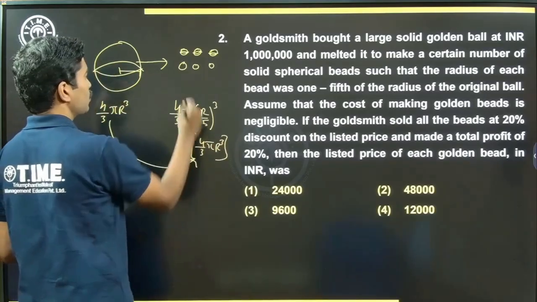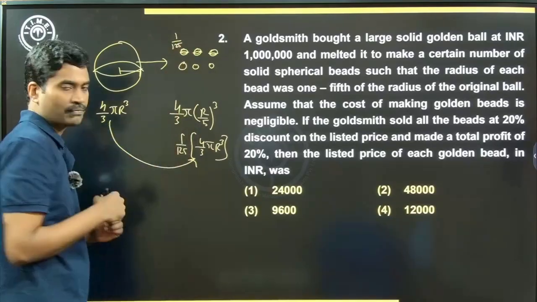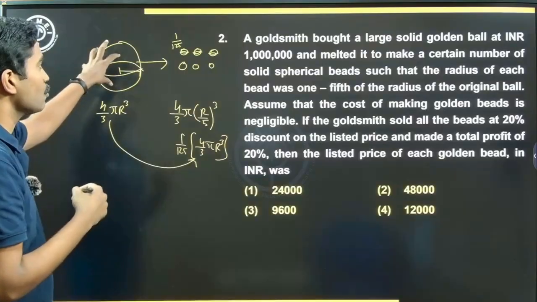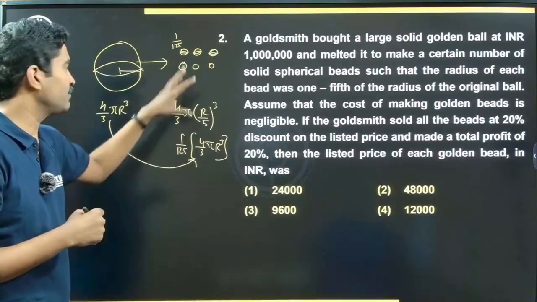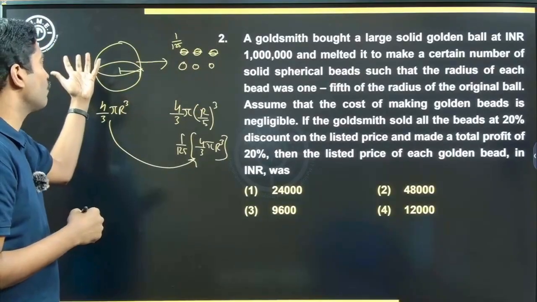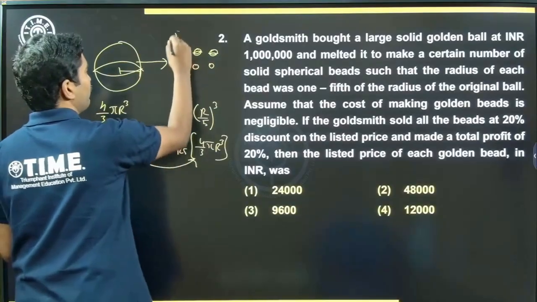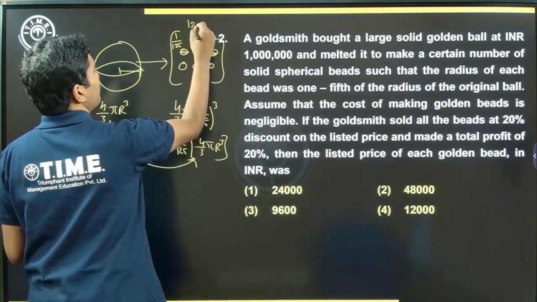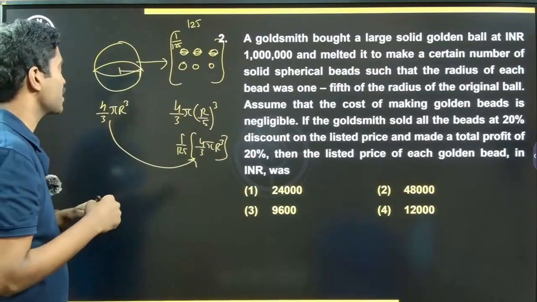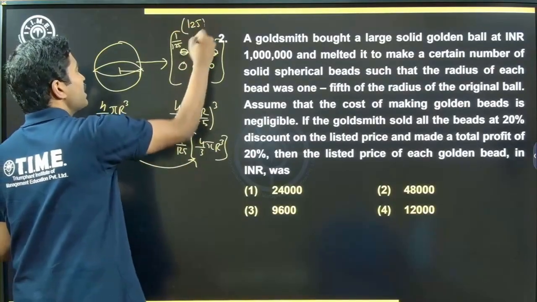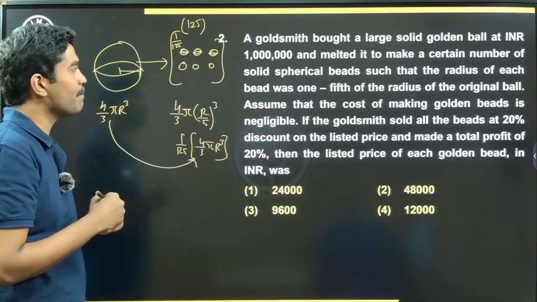So each of these small balls will have a volume which is 1 by 125 times of the original large golden ball, correct? Now, how many of these can he make out of whatever gold he is getting here? Each one is 1 by 125. So when he makes 125 such balls, the volume will be equal to whatever gold he purchased, correct? So he will be making 125 small spherical golden beads.